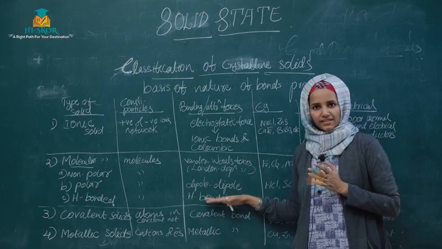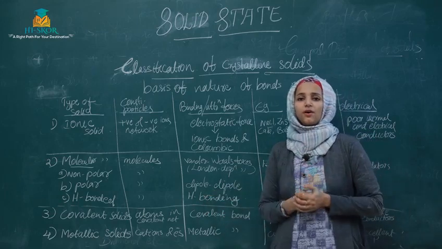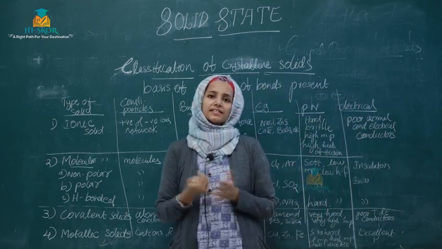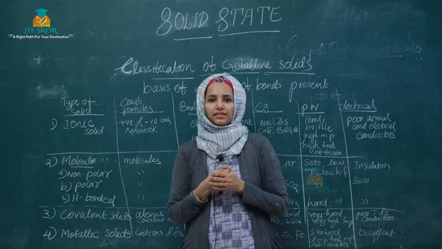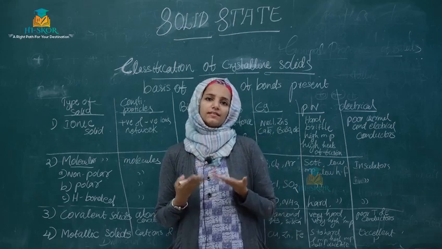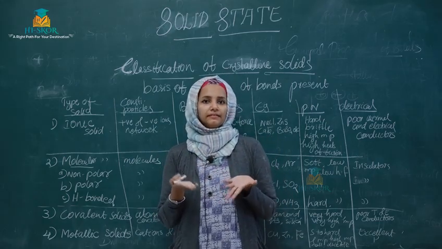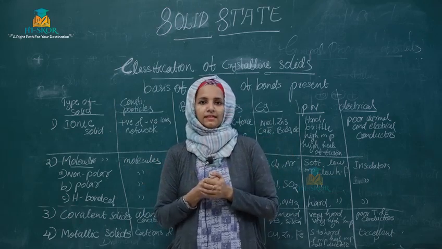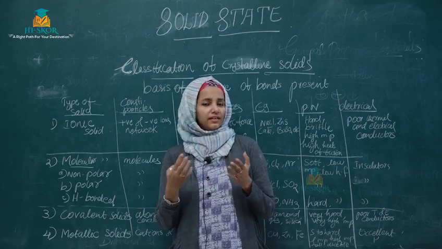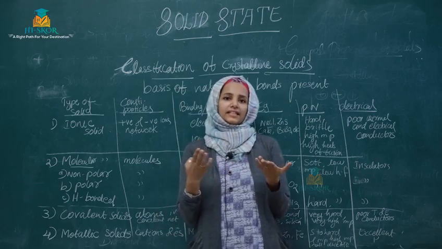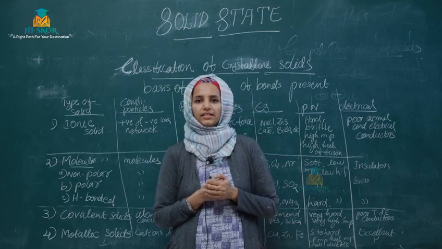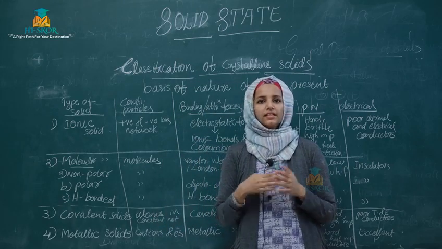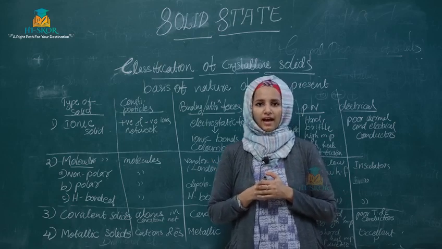What is meant by a hydrogen bond? When does it form? Simply, we can say when a hydrogen atom is attached to atoms like oxygen, nitrogen, or fluorine, there is a chance for the formation of a hydrogen bond, which you studied in your earlier classes.